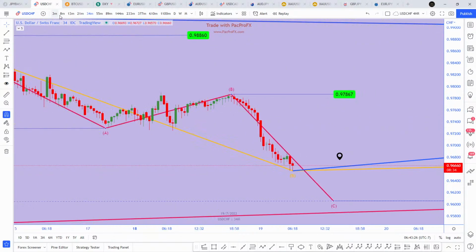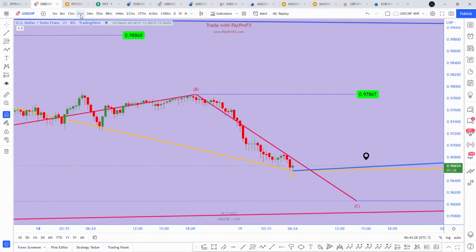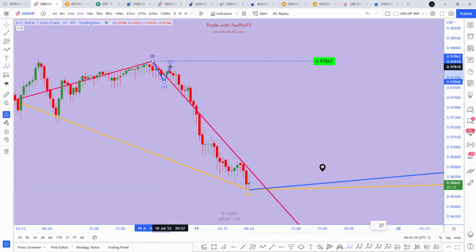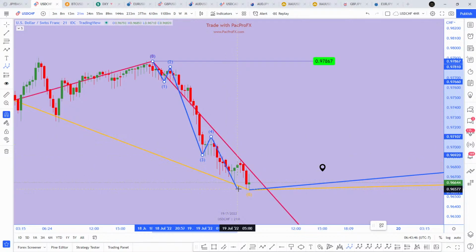Can't see anything there either. 21-minute. I mean, the corrections that this did, it was very small. So even if this was a 1-2, and this was a 3 and a 4 here, you're still in the 5.